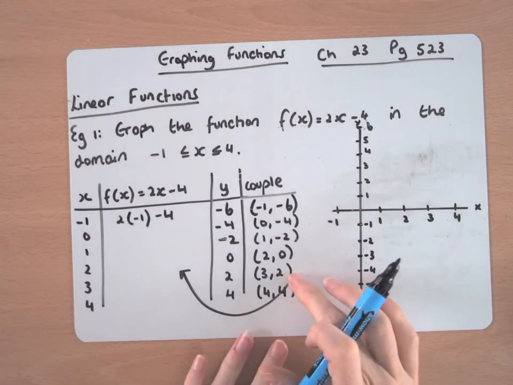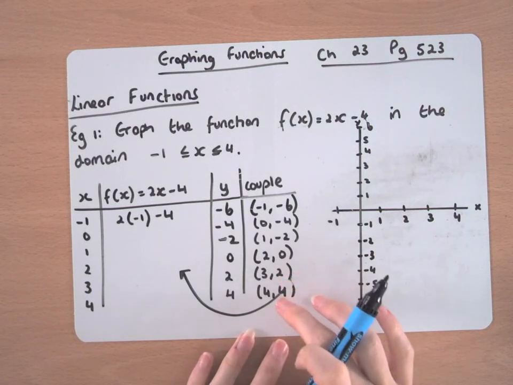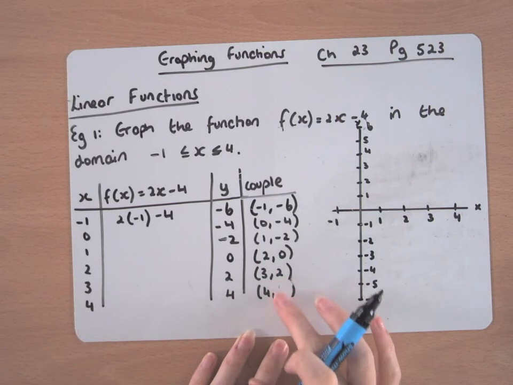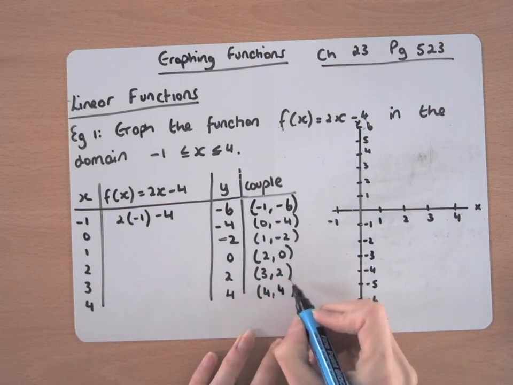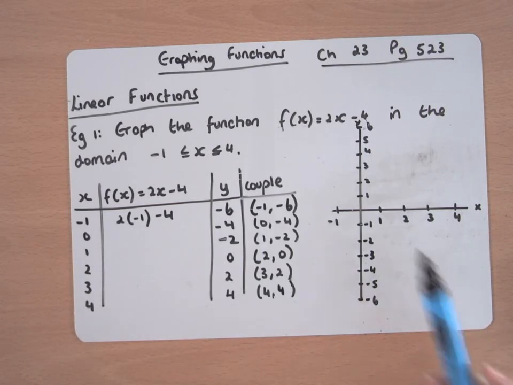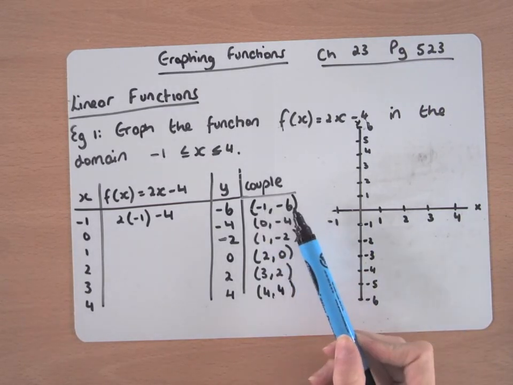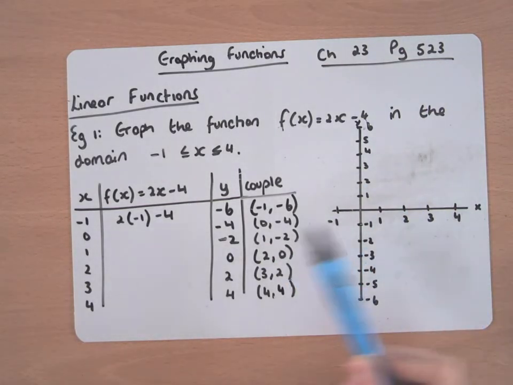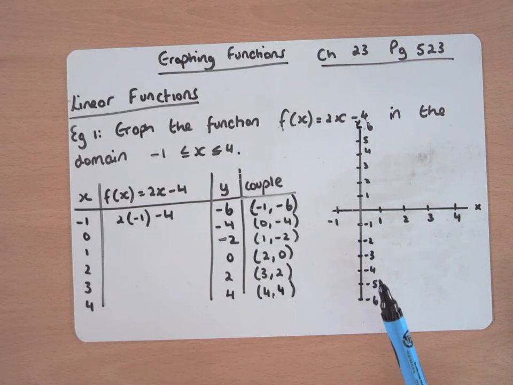And then all you're going to do is plot your couples. So remember, when you're plotting, it goes X, then Y. Walk before you climb. You have to go over before you go up or down.